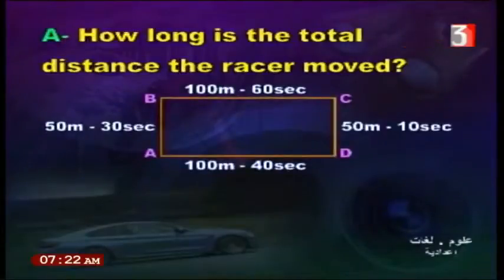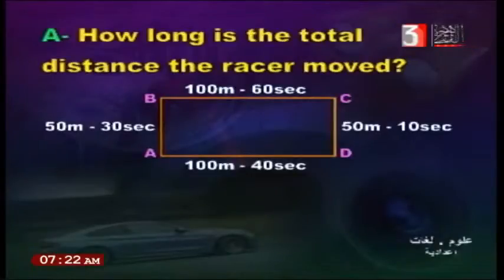Okay, in our previous revision, we had another problem similar to this. But in the previous problem, the racer moved from A to B to C and D and stopped. In this one, the racer gets back to the starting point.